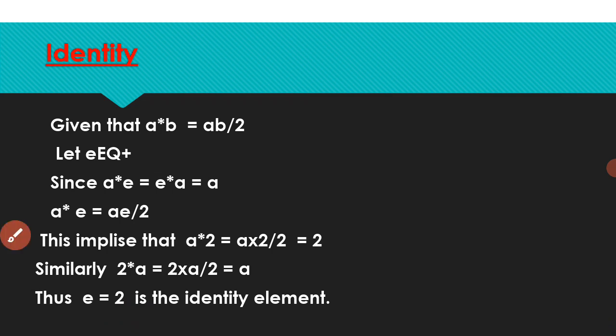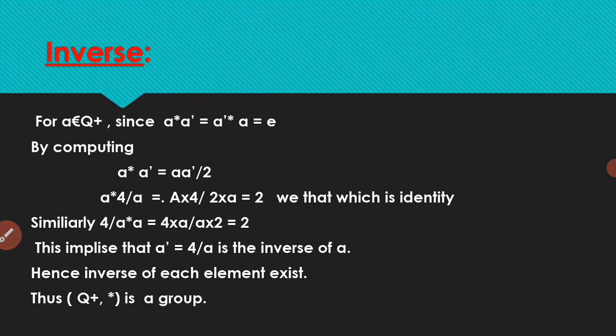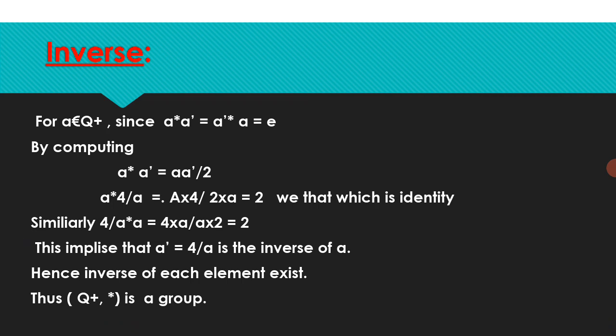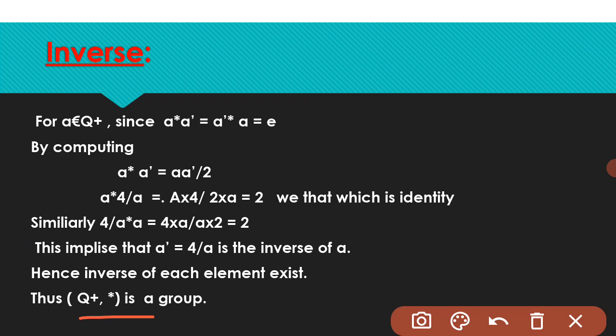Now only the fourth condition was left, that is inverse. We are going to prove the inverse. For A belonging to the positive rational numbers, A star A inverse, or A inverse star A, gives us the identity.